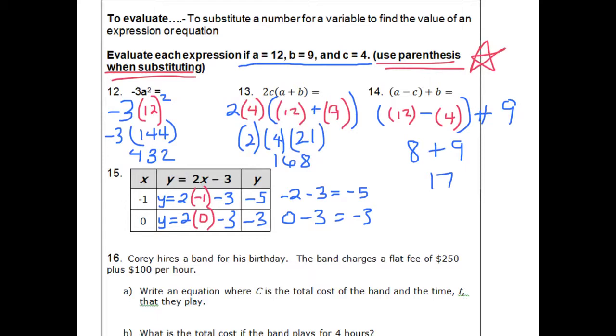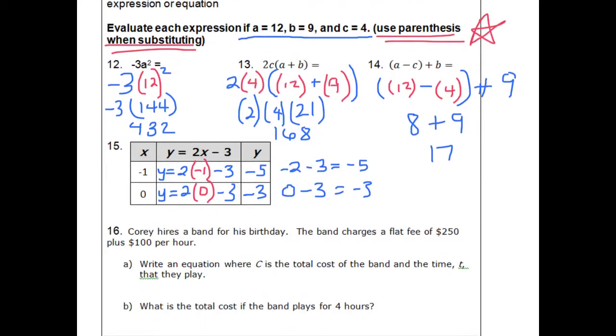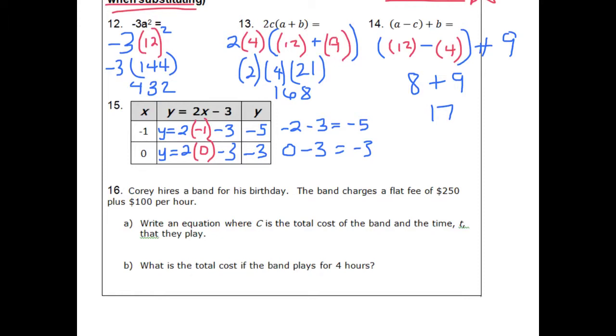Okay, the last one that we're working on is Corey hiring a band for his birthday. Let's go ahead and look at it. We have a flat fee of $250 plus $100 per hour, which will be multiplication. So let's write an equation where C is the total cost of his band.